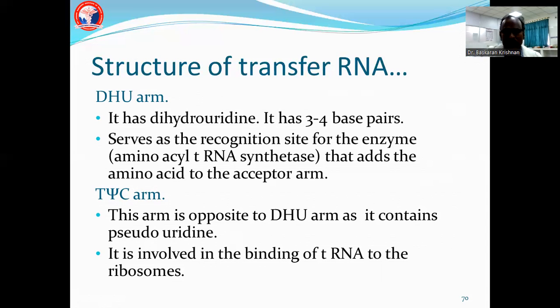The TΨC arm is opposite to the DHU arm as it contains pseudouridine. It is involved in the binding of tRNA to the ribosomes during protein synthesis.